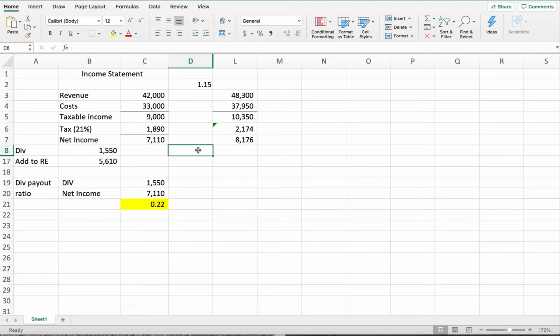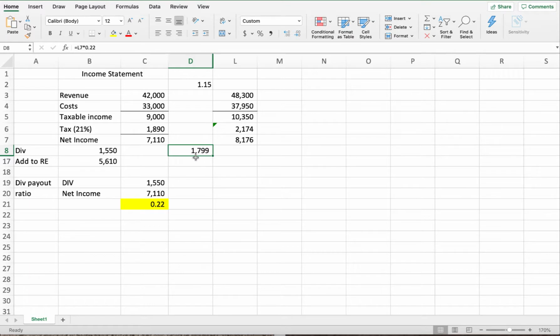Cool. Now I can figure out my dividends. How do I do that? I already figured out my dividend payout ratio is 22%. So I take my net income of $8,176 times 0.22, which is my dividend payout ratio. Again, I want to get rid of those cents, clean it up a little bit. So I have dividends of $1,799. Now I need to figure out my additions to retained earnings.